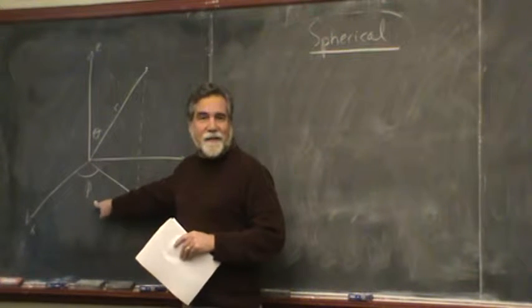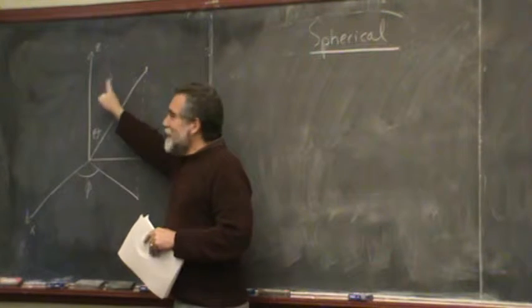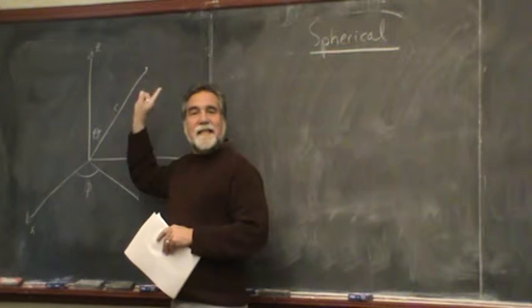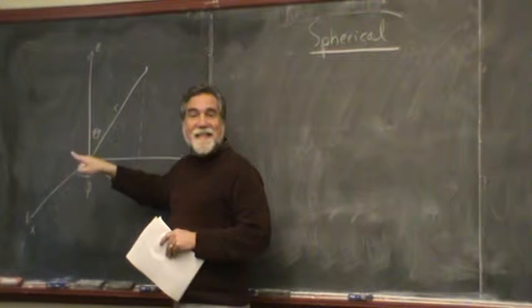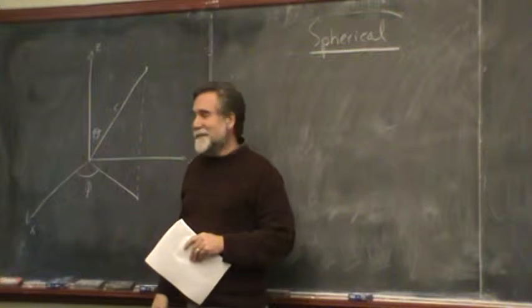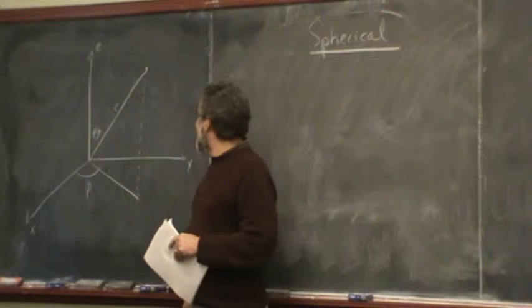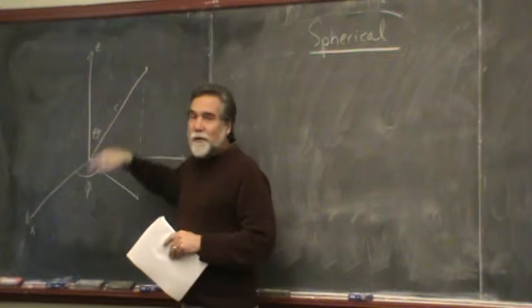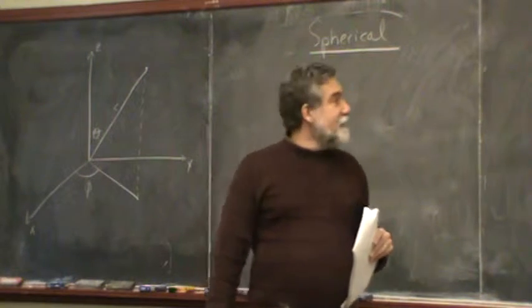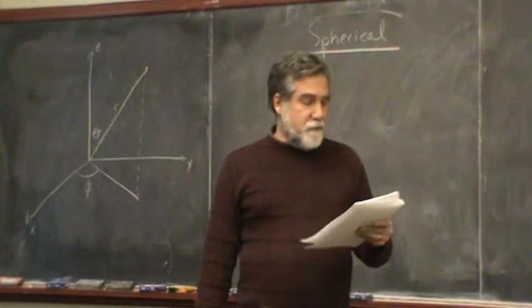I'm not going to change that. This angle from the zenith is theta in this terminology. It's different for everybody. And the distance from the origin is little r. At least we're using little r now.